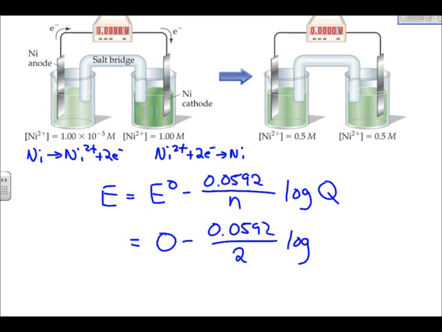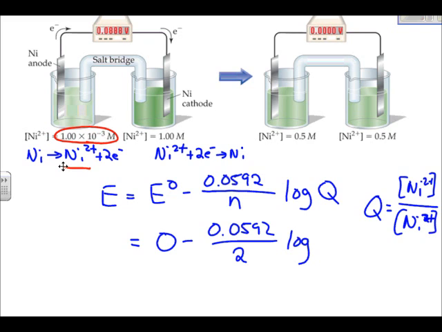Now what is Q? Well, Q here is going to be equal to the concentration of the nickel ion on the product side, which would be this nickel here, divided by the concentration of nickel on the reactant side, which would be this nickel here, which has that value there.